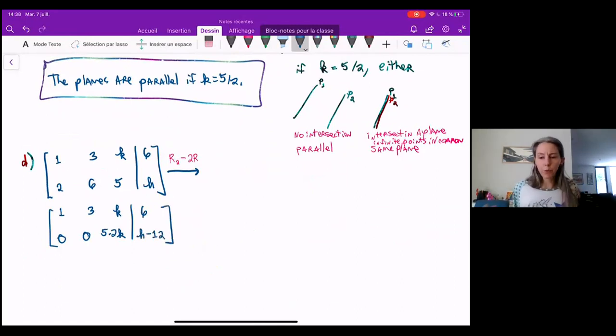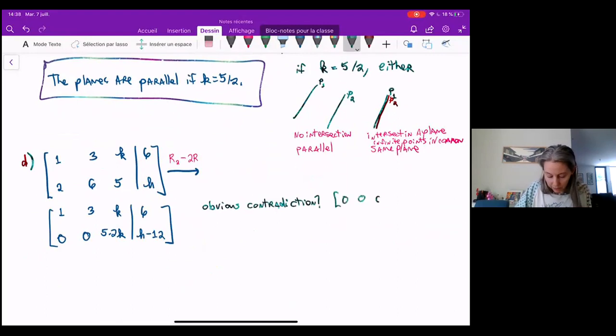So same as before, we want to first check for an obvious contradiction. Is there an obvious contradiction? Remember, that would happen in the case of 0, 0, 0, not 0. Well, I don't have that row of zeros on the bottom, so maybe there's a contradiction somewhere, but it's certainly not obvious. No obvious contradiction.